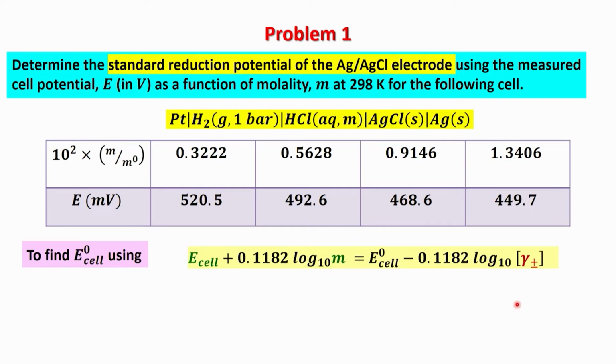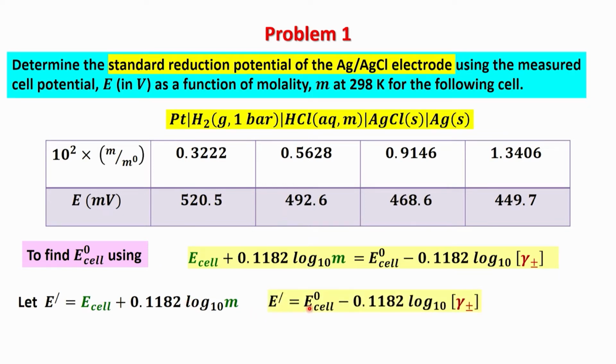And obviously, you understand that then my working formula is going to be simplified in this way: let me say E prime is E cell plus this number into log to the base 10 m. That gives me E prime equal to E naught cell minus 0.1182 log to the base 10 gamma plus minus.